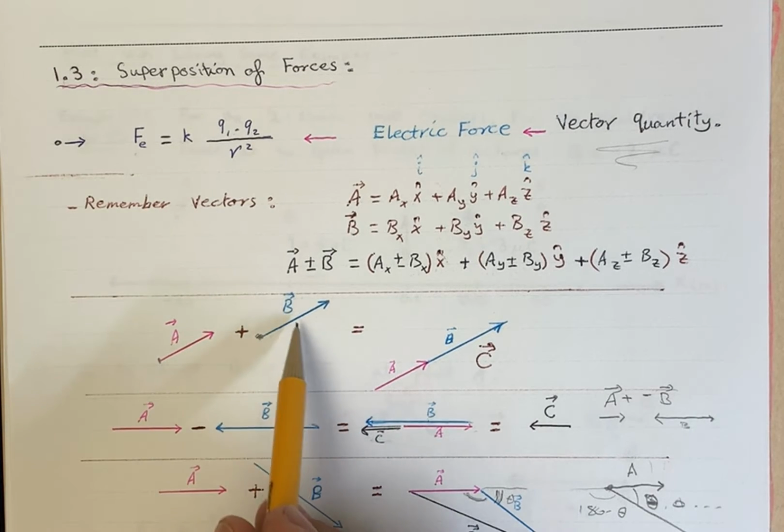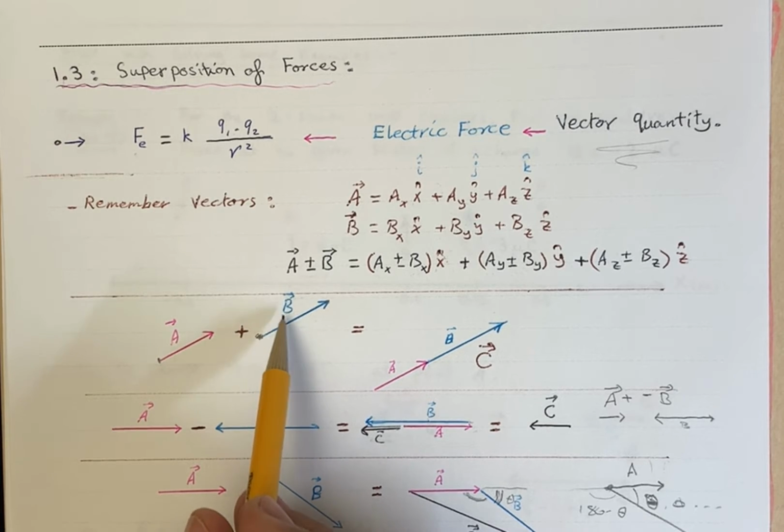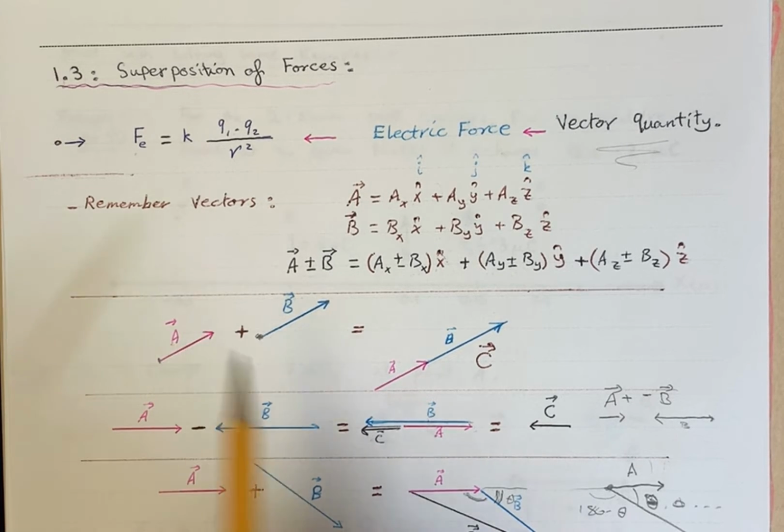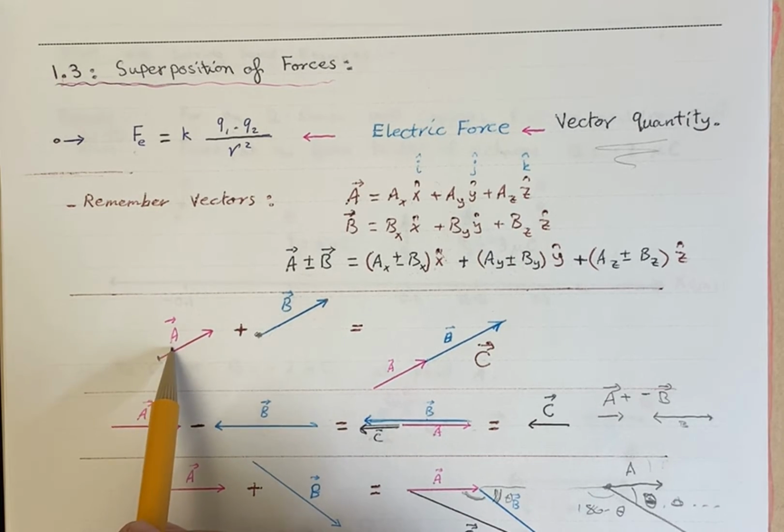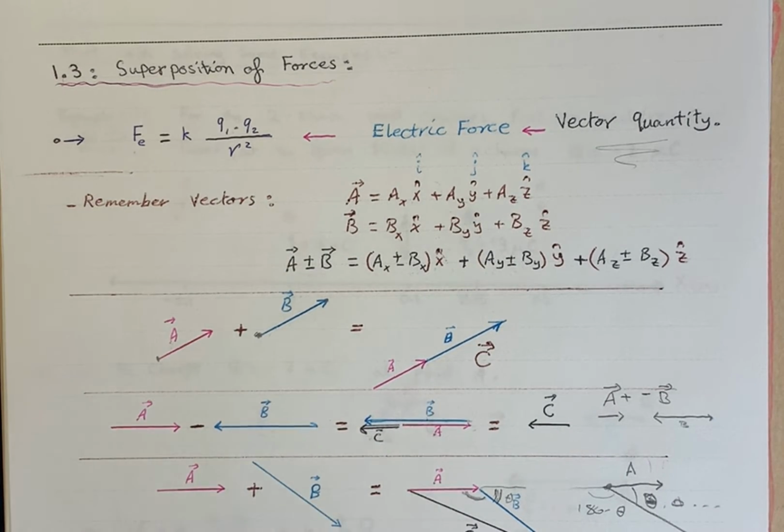And also the magnitude of B is more than the magnitude of A, or we can say the length of B is more than the length of A. We will see how to compute or find the length.